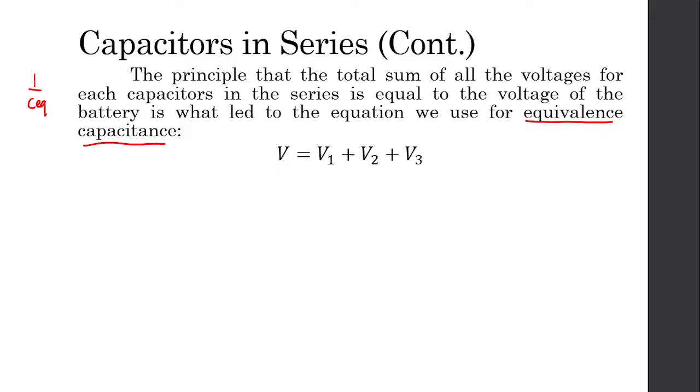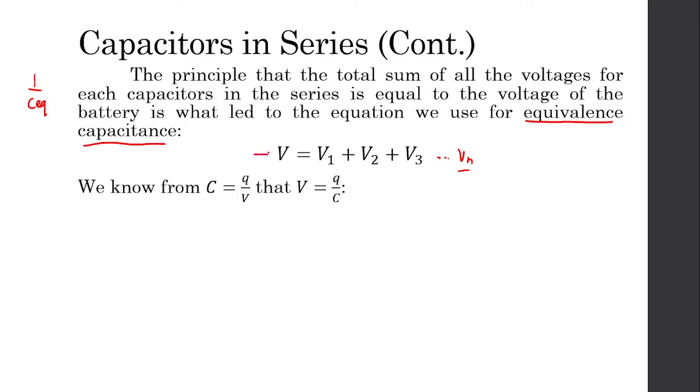So V is equal to V1 plus V2 plus V3, however many capacitors you have. We know that the capacitance is equal to the charge divided by the voltage of that capacitor, and rearranging that equation we get V is equal to Q over C. This is how we measure for the voltage of each individual capacitor.